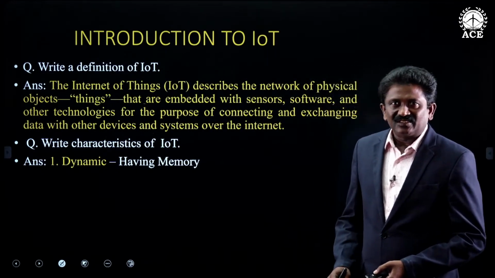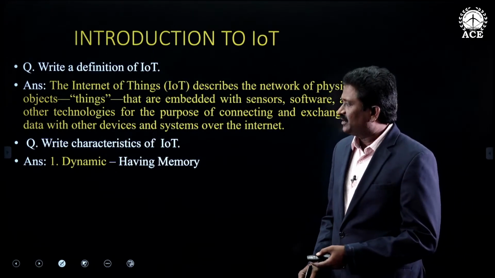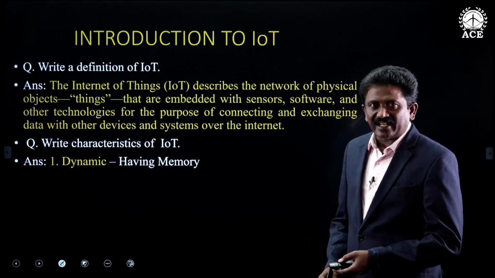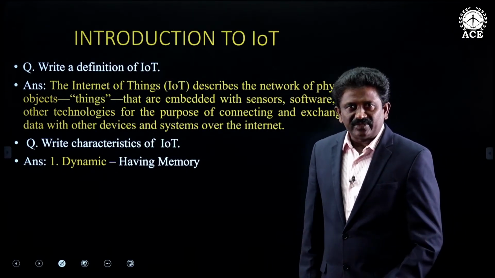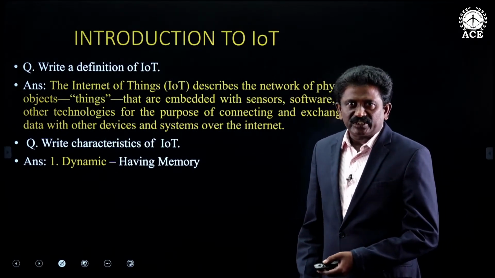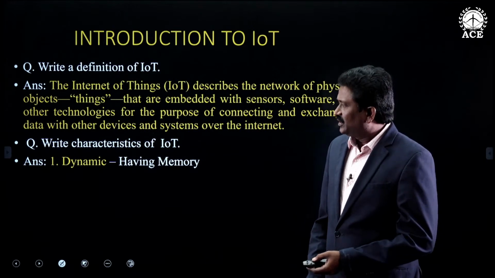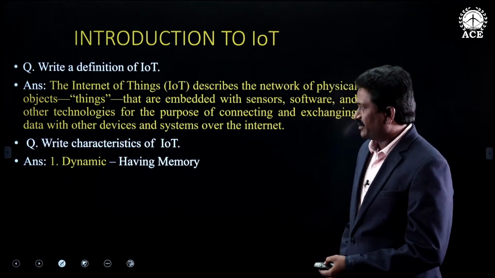Static is a memoryless type of system, and dynamic has some memory. With dynamic systems, we are able to remember past and future samples also. That's the reason we prefer dynamic systems.